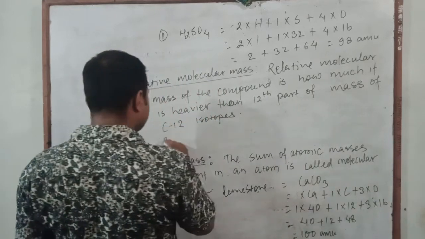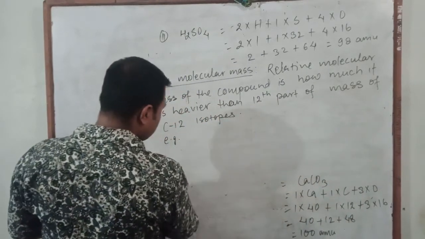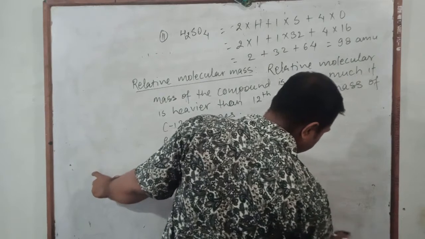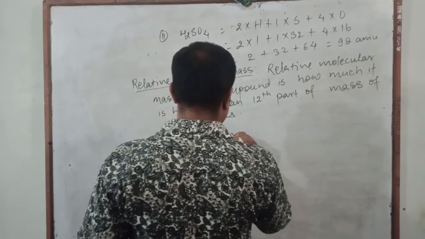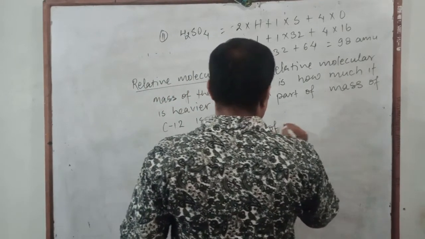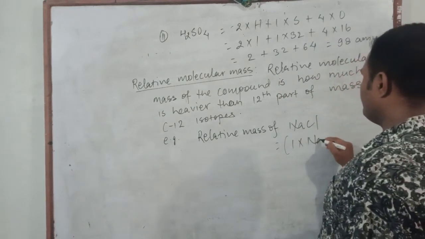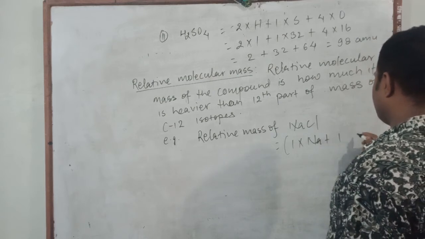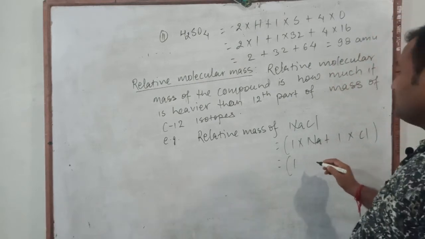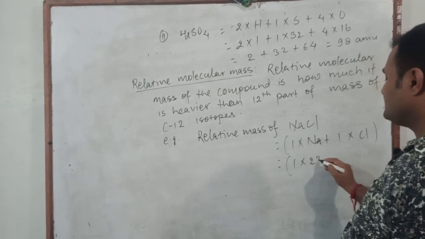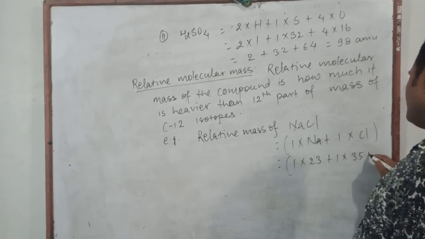As for example, the relative molecular mass of sodium chloride. Sodium chloride contains one sodium and one chlorine. The relative atomic mass of sodium is 23, and of chlorine is 35.5.